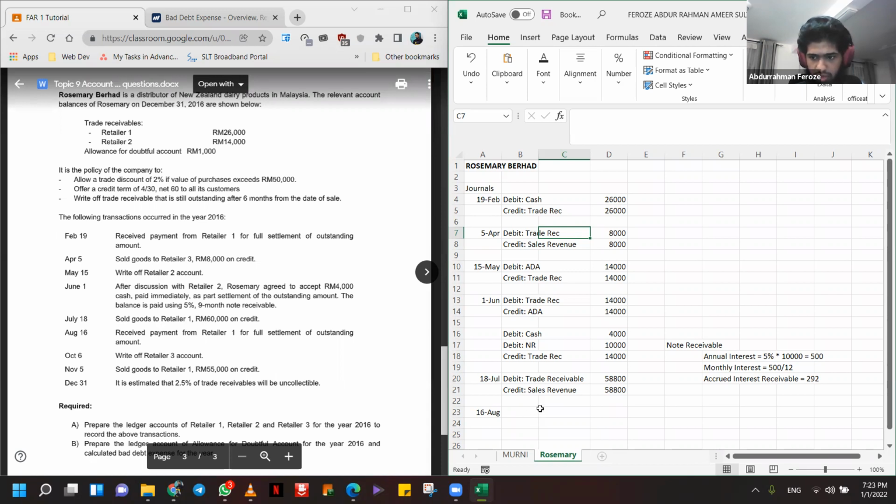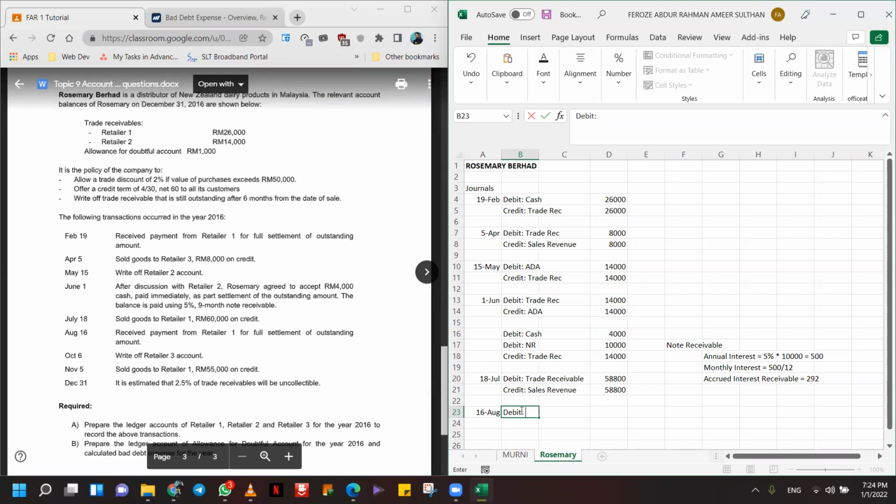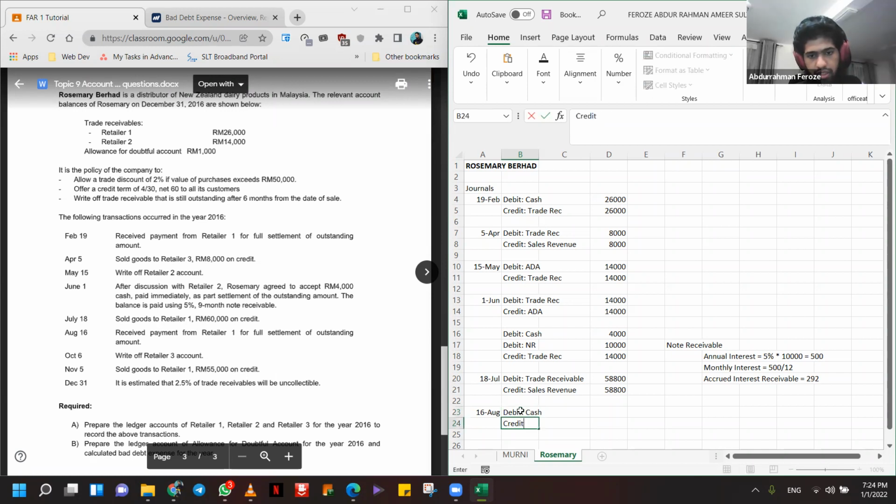So when you receive payment, what should be debited? Cash, right? Debit cash and credit trade receivable.